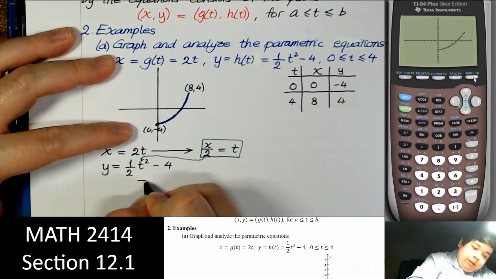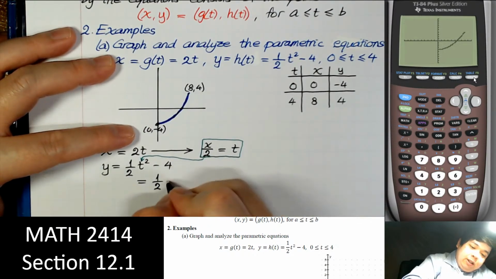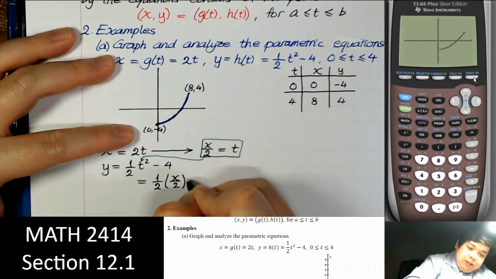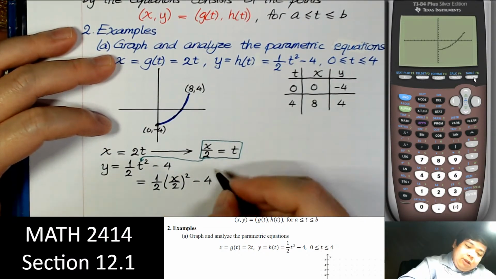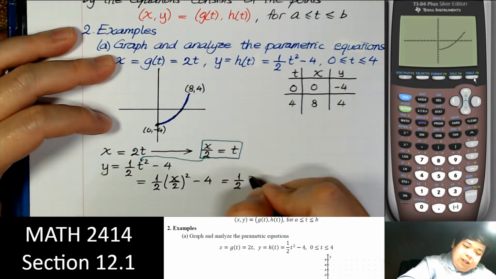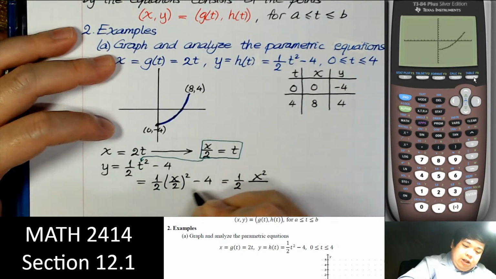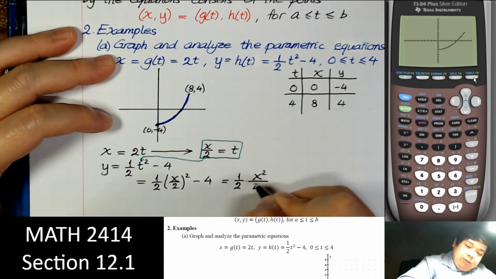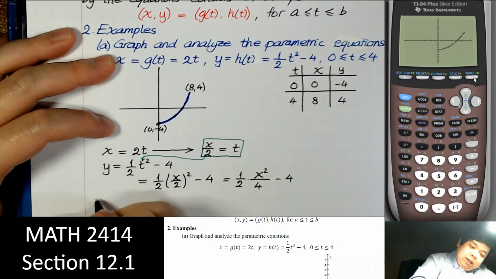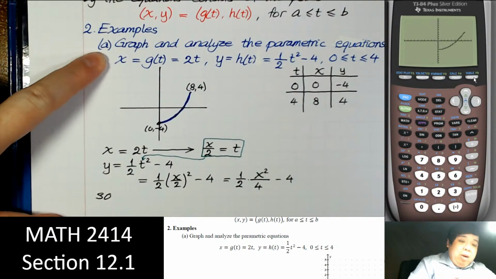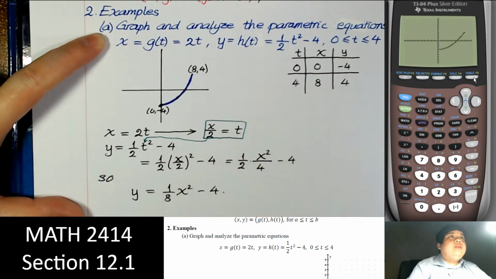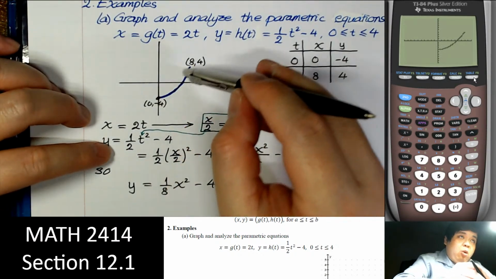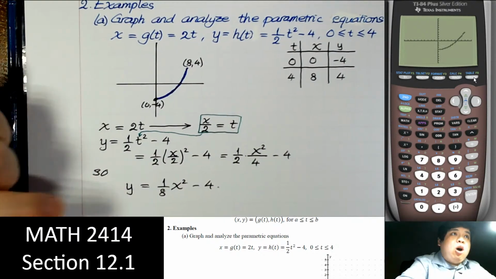So we will have 1/2 times x over 2 squared minus 4. That will give us 1/2 x squared, with the 2 squared going to the bottom. So that parametric equation is equivalent to y equal to 1/8 x squared minus 4. Right, so that's why this looks like a parabola, because it is a parabola.